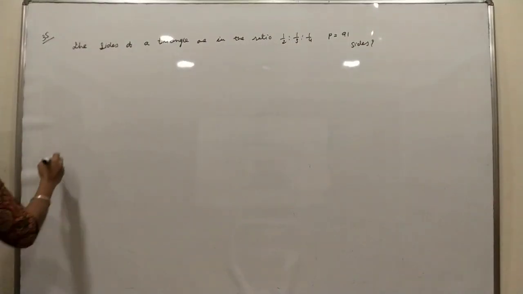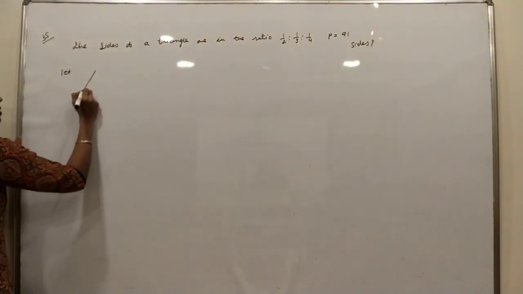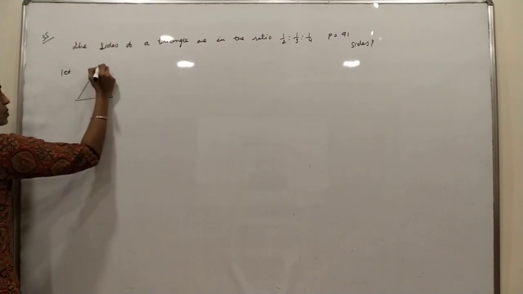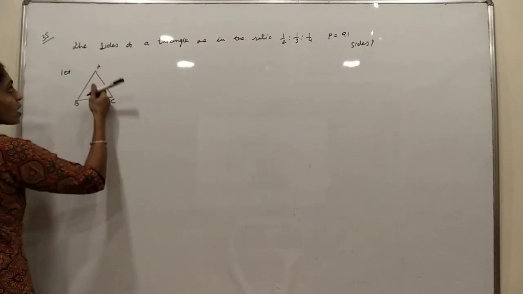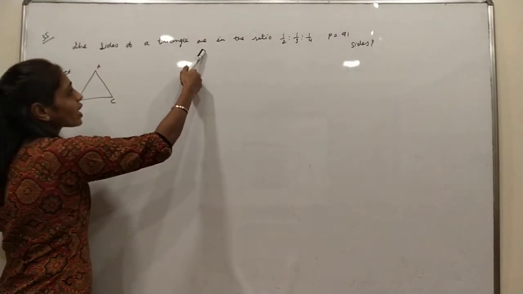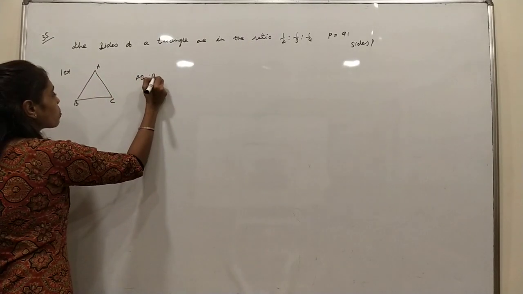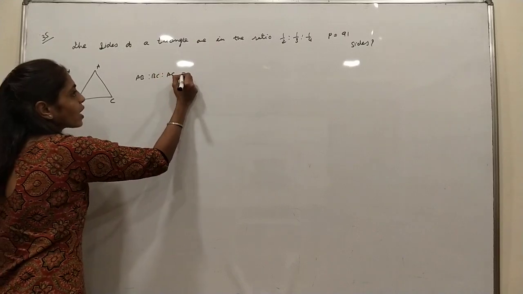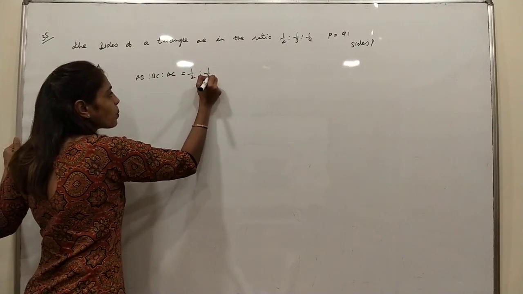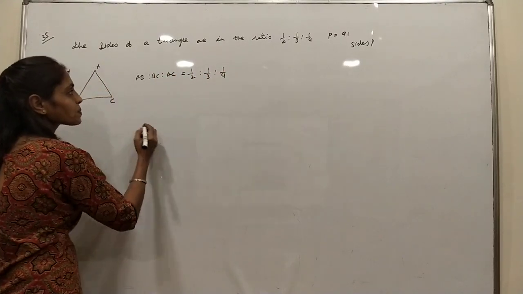Okay. Let in triangle ABC the sides of the triangle be in ratio AB is to BC is to AC is 1/2 is to 1/3 is to 1/4.